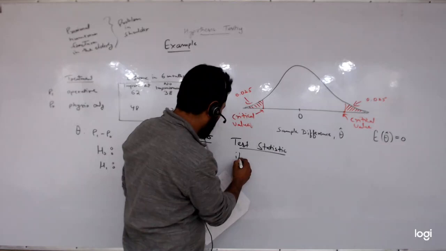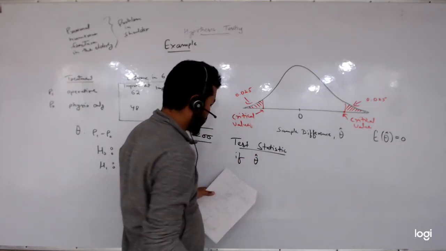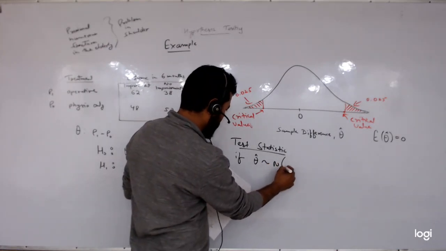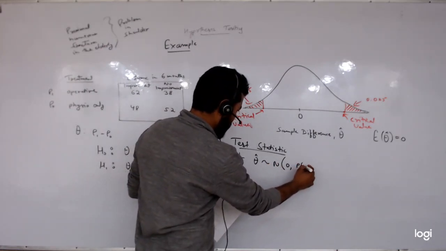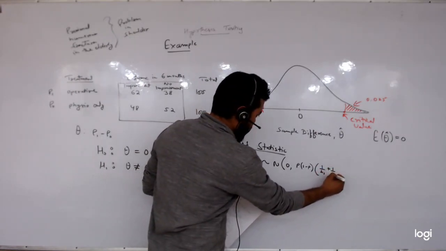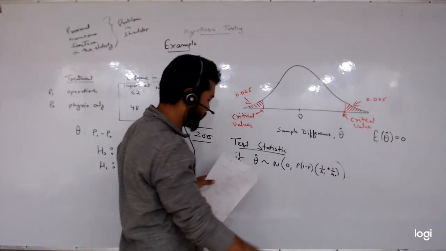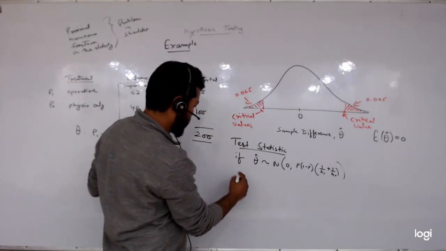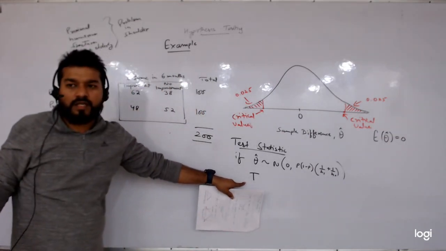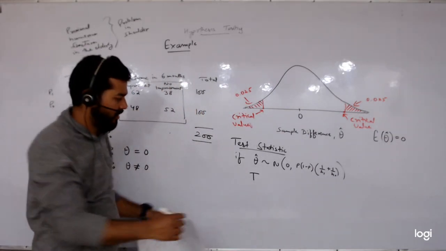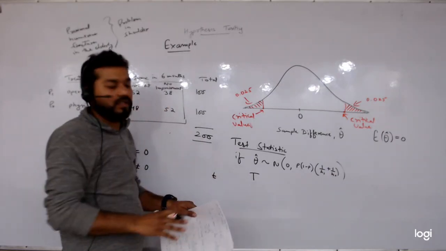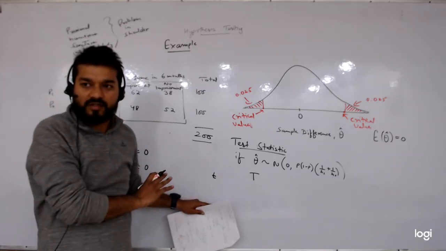Now if we have our sample statistic following normal distribution with all this, and let's say our test statistic t, this t is not this t, this t or this t, they are not related to the t distribution as of now.